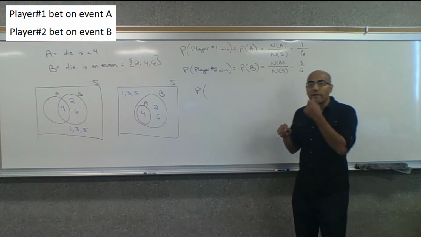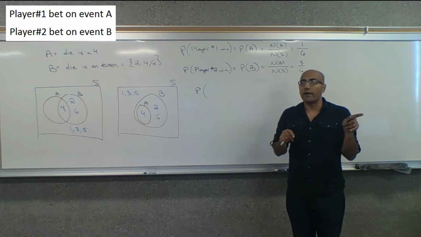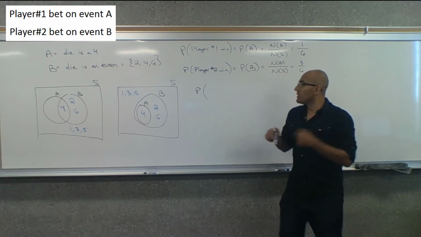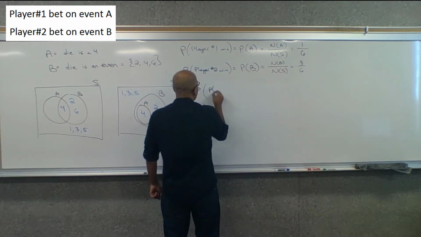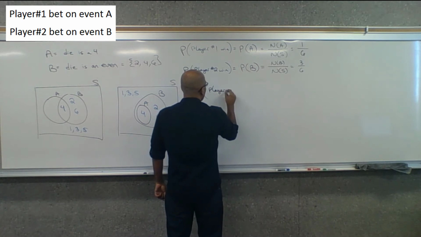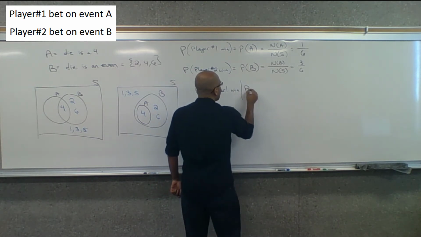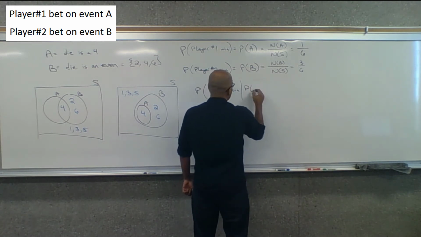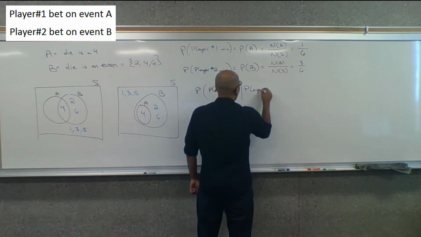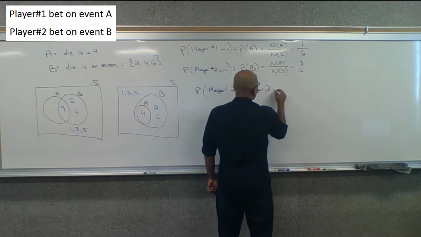But now I'm thinking to myself, I know that he won. How does that affect me? So I want to know, what is the probability that player 1 wins, given that now I know that player 2 wins? Well, 1, I guess. Player 2 won.